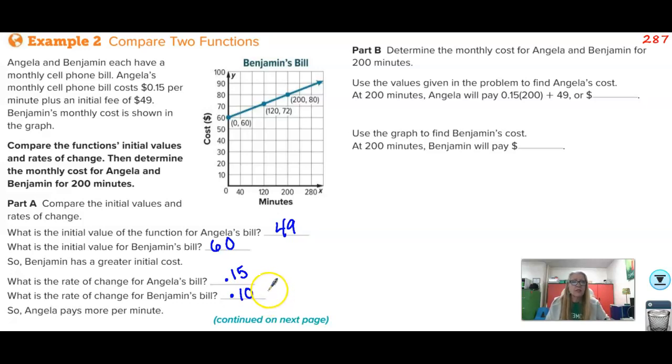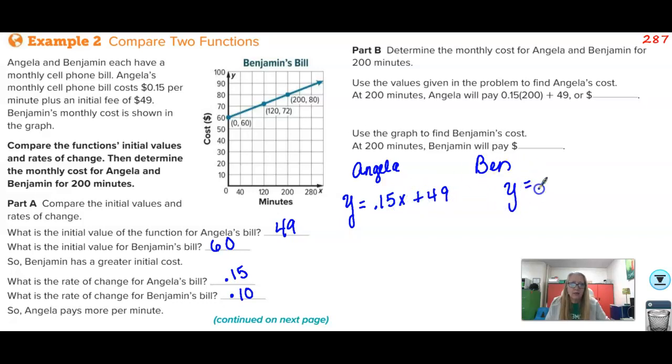Determine the monthly cost for Angela and Benjamin for 200 minutes. Angela's equation is y equals 0.15x plus 49. Ben's equation is y equals 0.10x plus 60. They want to know when x is 200, so they want both of them.